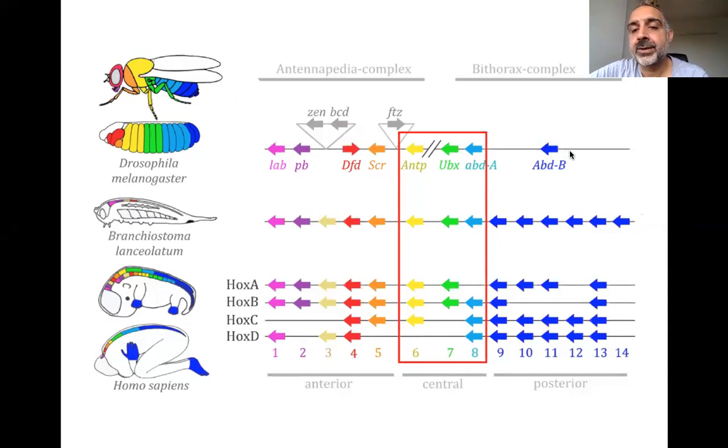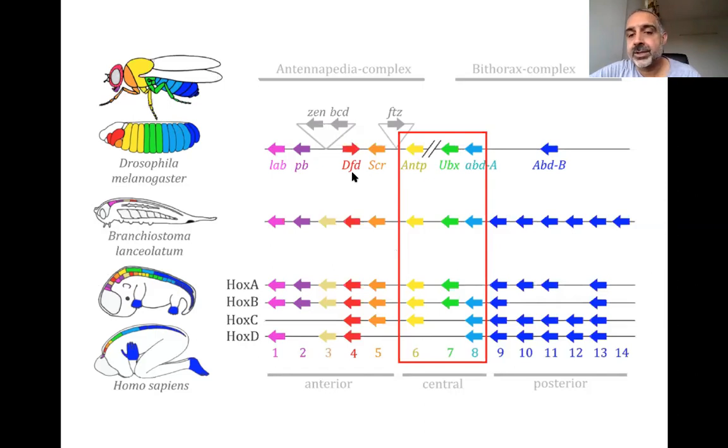They are organized so that the most posterior and anterior Hox genes are all in a row along the chromosome, and this kind of organization and regulation seems to have been preserved over almost 1 billion years of evolution.